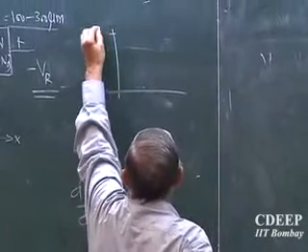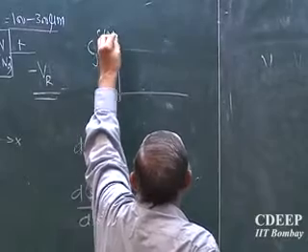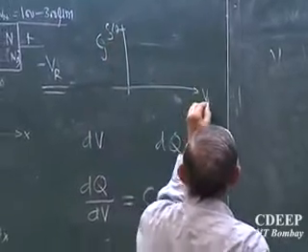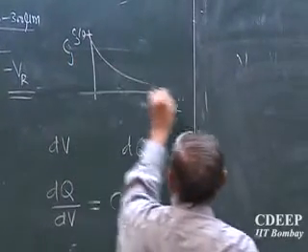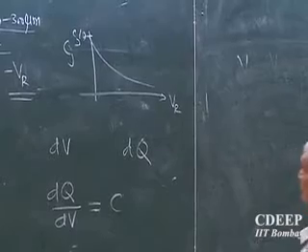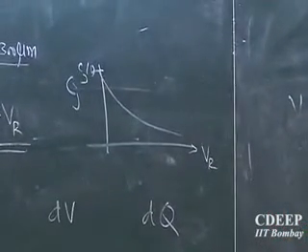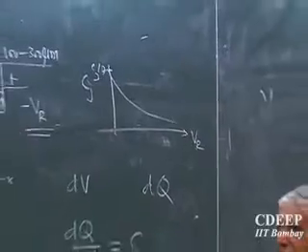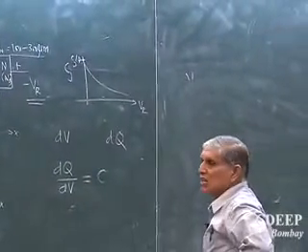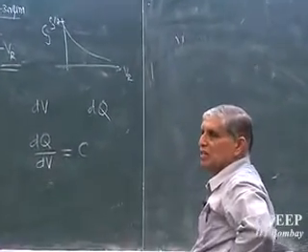Somewhere here is the value of C0, and from here, if I apply reverse bias, the capacitance goes like this. We'll now calculate how much this capacitance variation is.